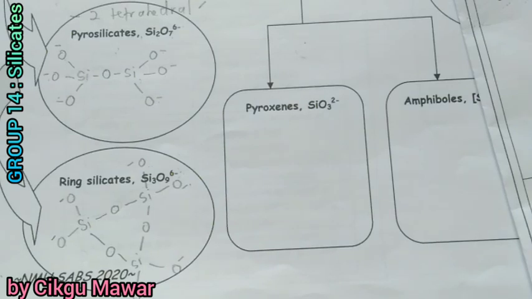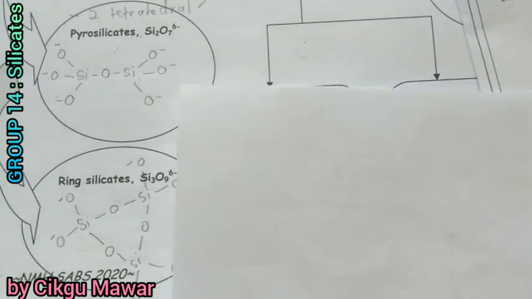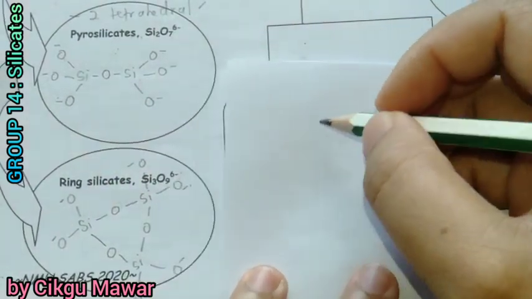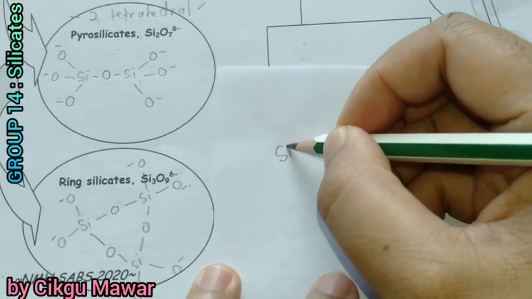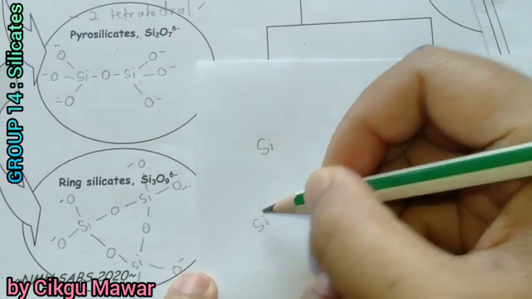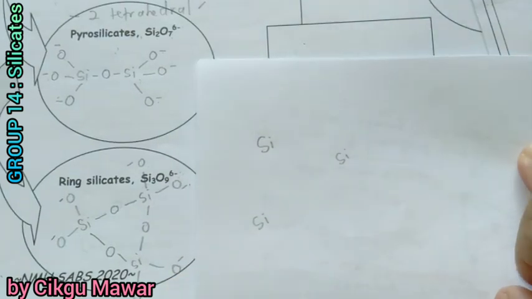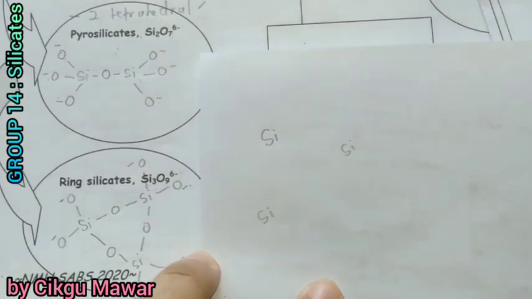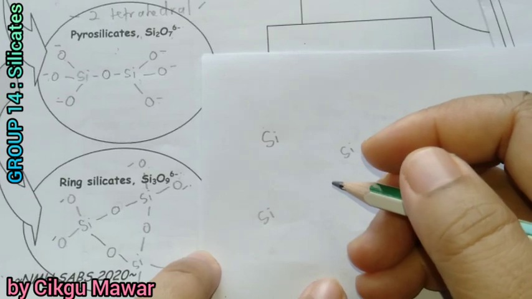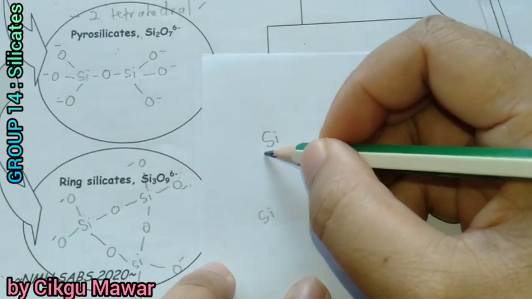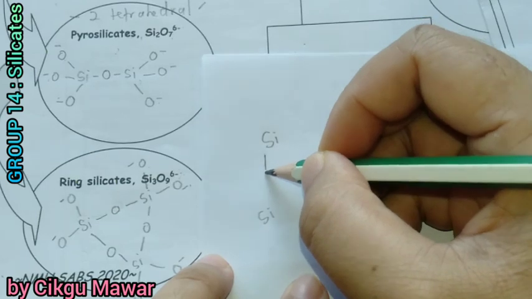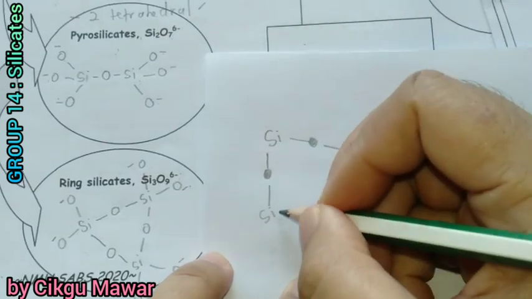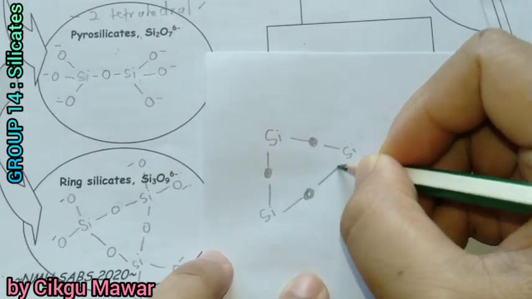Now let's draw the 2D diagram. In the 2D diagram, we can draw Si here, Si here and Si here, because it consists of a minimum of 3 tetrahedra. Then 2 oxygens will be shared here, bonded with another oxygen here.